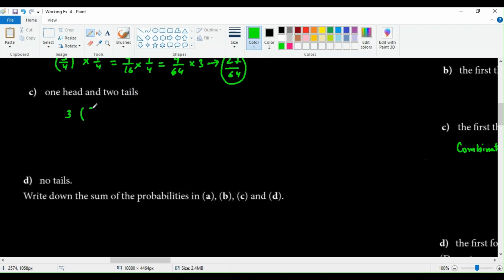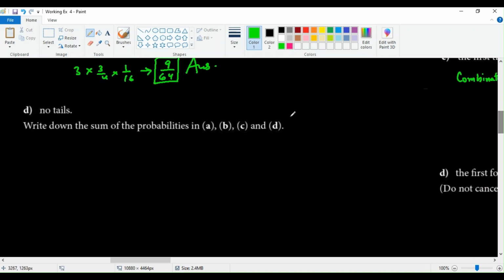And this time, head is going to be only 1 and tail is going to be squared. Now how much is this going to be? 3 times 3 over 4 times 1 over 16. So finally it's going to give us 9 over 64. Since this cannot be further simplified, this is going to be the answer for this part of the question.